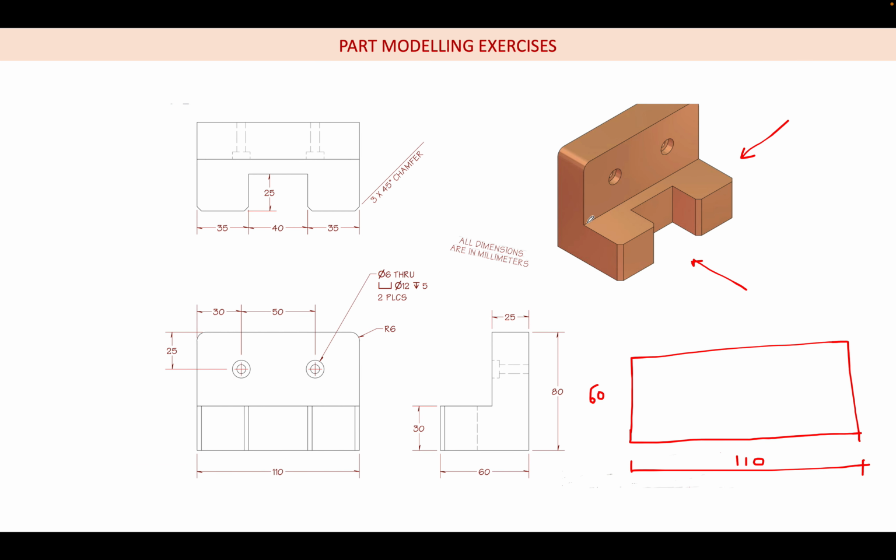Next thing is I have to create this feature. The dimension, if you see, 30 and this is 80, so this will be 50, and this total will be 110, and that distance will be 20 from this side, this plane.